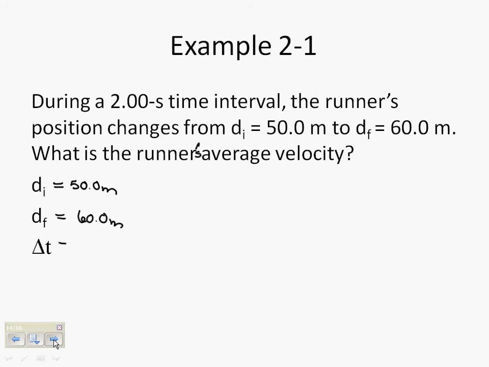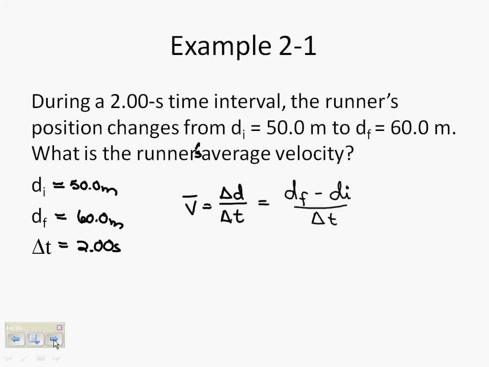And our time interval is 2 seconds. So our average velocity is equal to our change in position over a change in time. I'm going to write it dF minus dI over delta t.